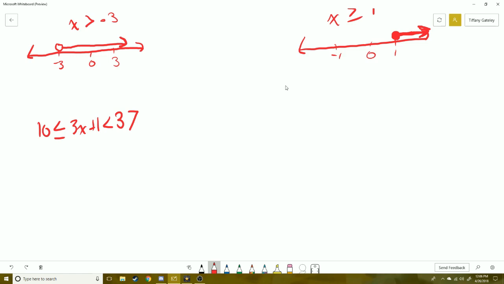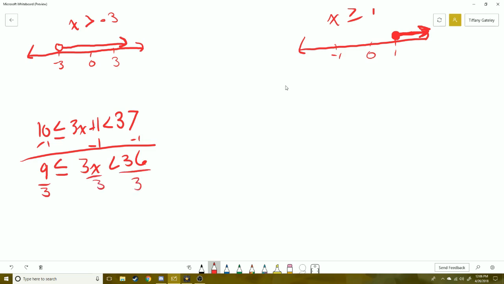So whatever you do to the middle, you do to each side. So we're going to start by subtracting 1 everywhere. So we have 9 less than or equal to 3x less than 36. And then we're going to divide by 3 everywhere. So 3 less than or equal to x less than 12.